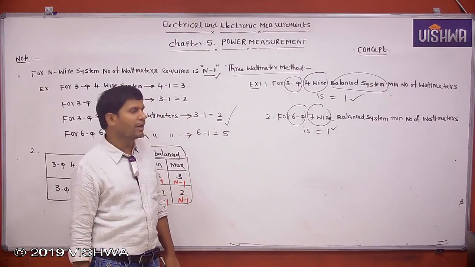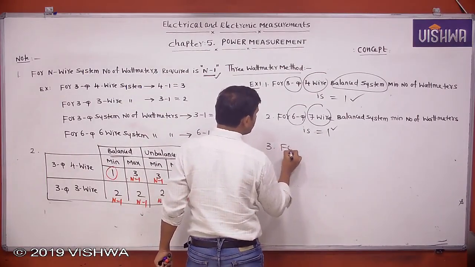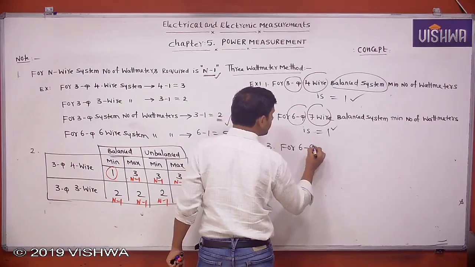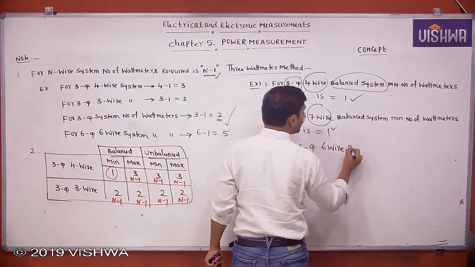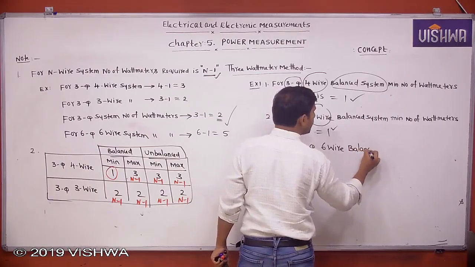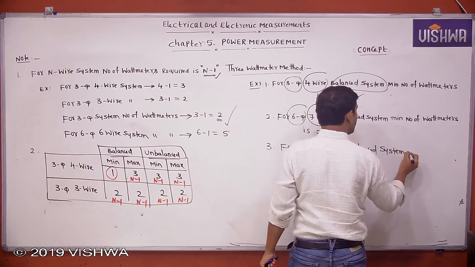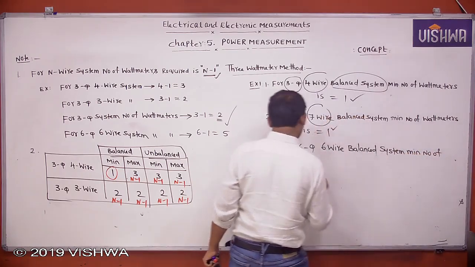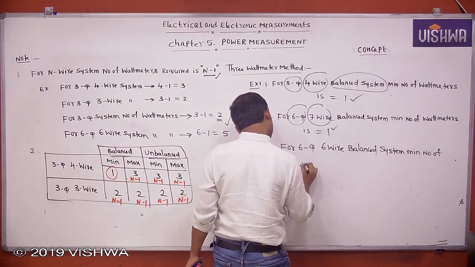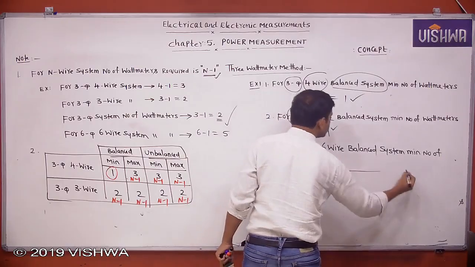Understood or not? Okay. Then if it is asked like this, for 6 phase, 6 wire, balanced system, then minimum number of wattmeters equal to dash.